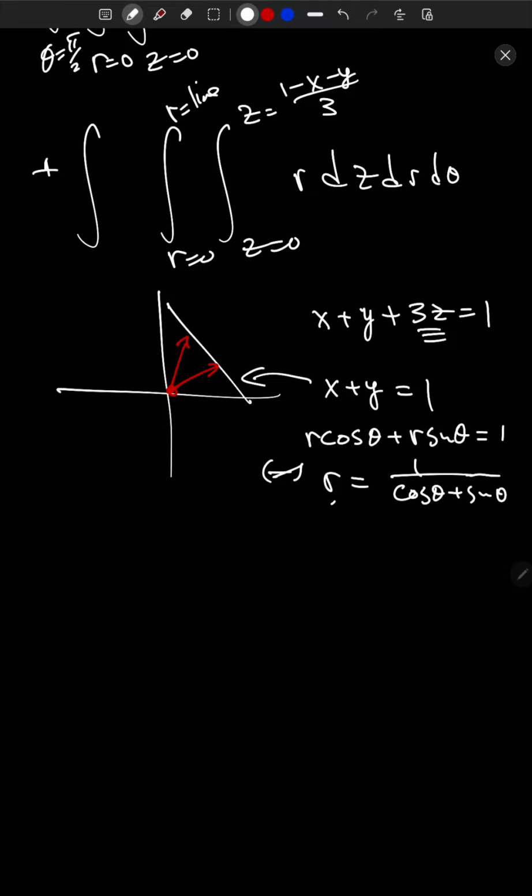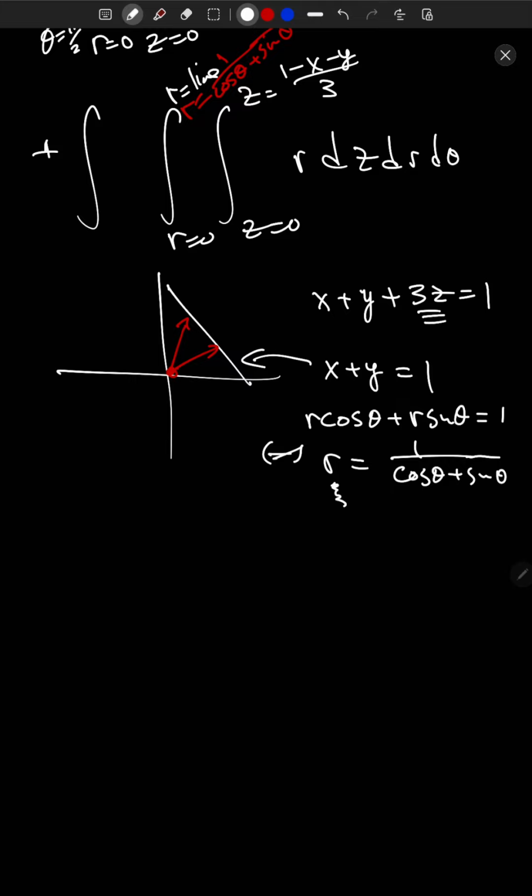And we know we want to write it in terms of r equals something, because we know this second integral here should be r equals something to r equals something, all right? So in particular, this r equal line should actually be r equals 1 over cos theta plus sine theta.